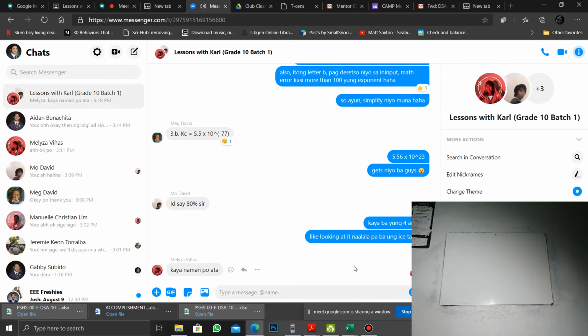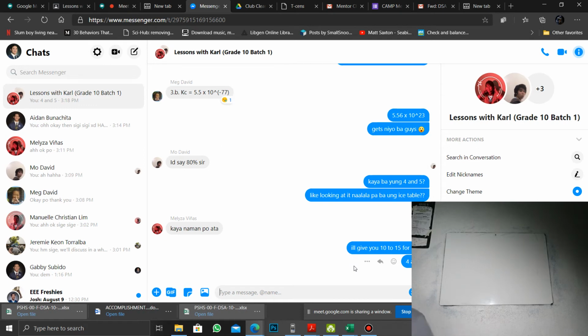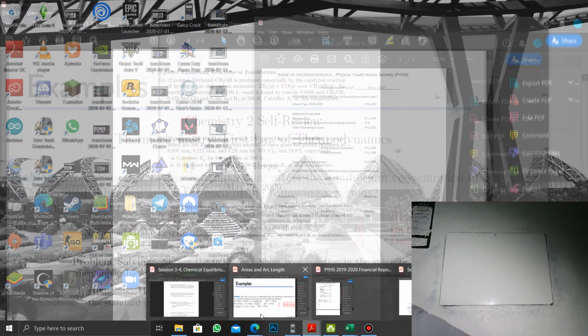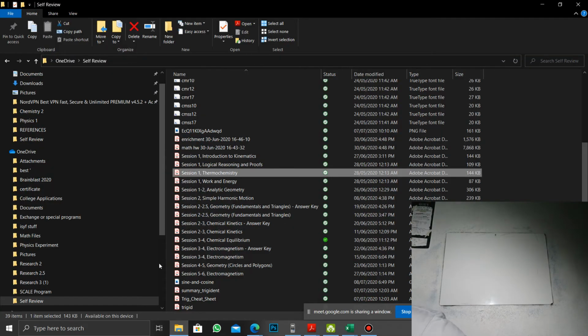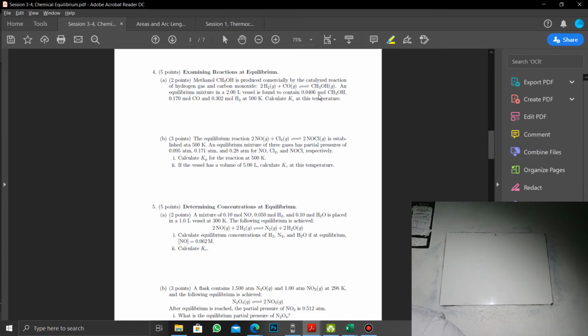Sige, let's try muna. I'll give you 10 to 15 minutes for these 4 and 5. Game. Pag meron kayong di alam, tell me lang. Or pag nawala kayo in the middle, send me a message, okay? I will look for exercises para dun sa kanina.